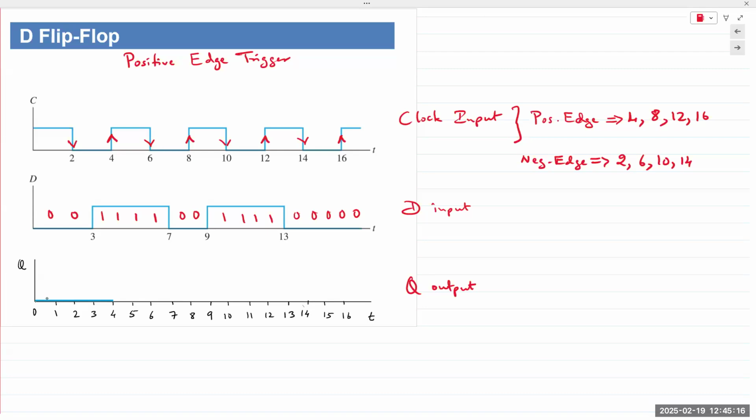What is the value of D at time 4? 1. The output goes to 1. Then it stays at 1. The next rising edge is at 8. What is the value of D when the time is 8? Then it must come down.